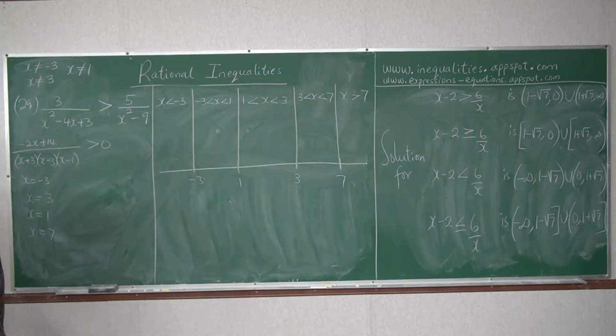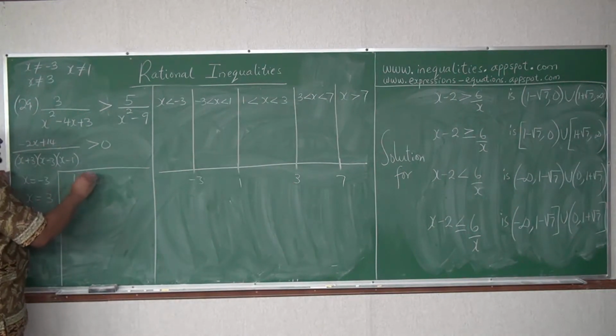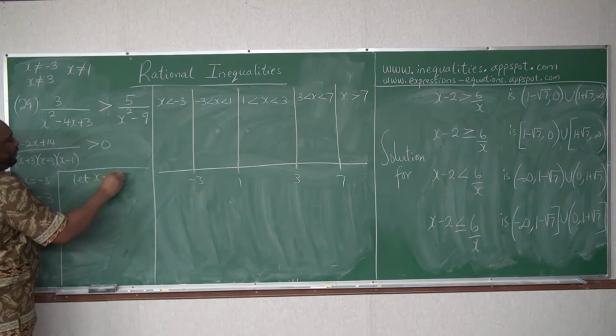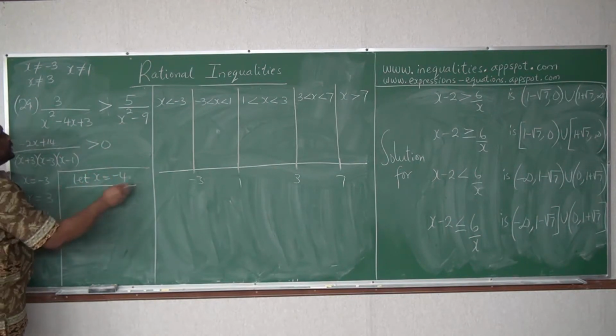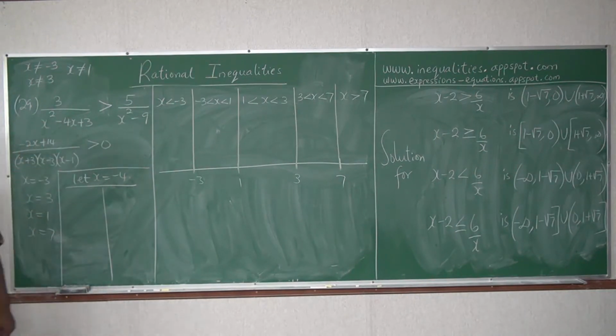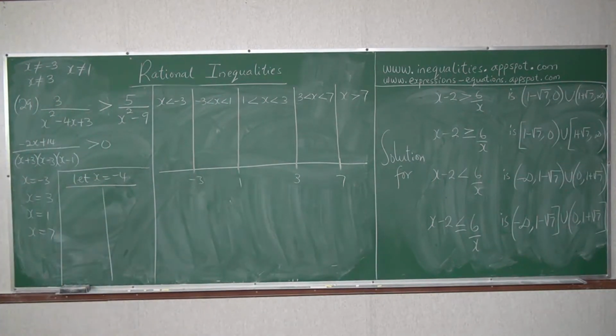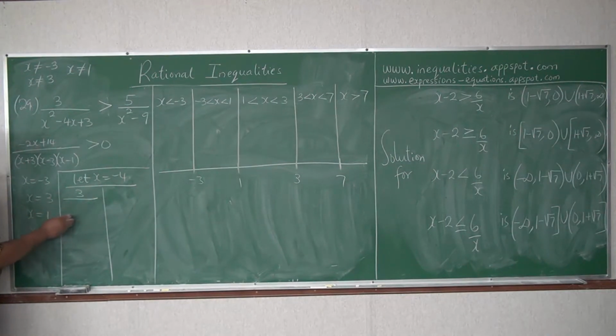Alright, so let's test this. Are you ready? So, first one, let x be equal to negative 4. And please, folks, we test it with the main inequality. So this will be 3 over negative 4 all squared minus 4 times negative 4 plus 3.